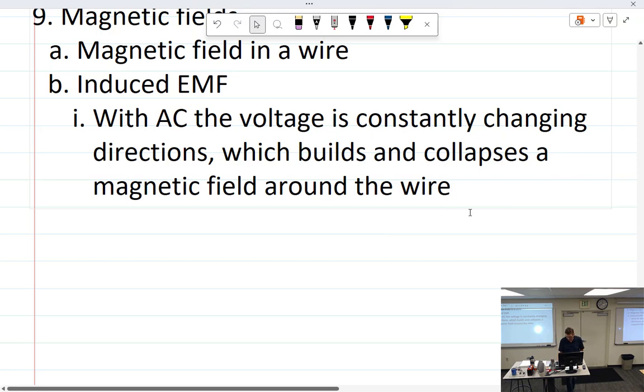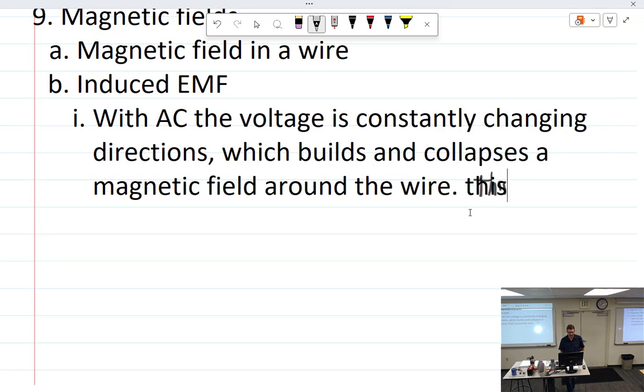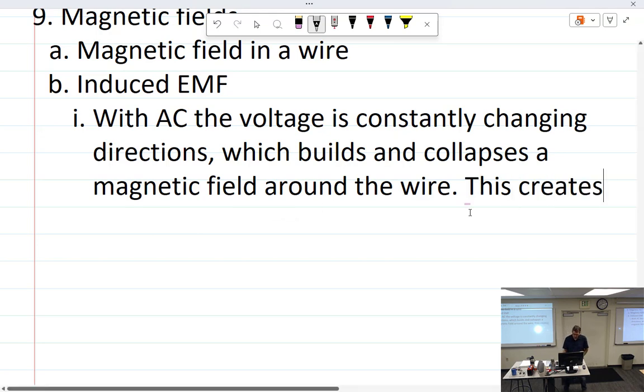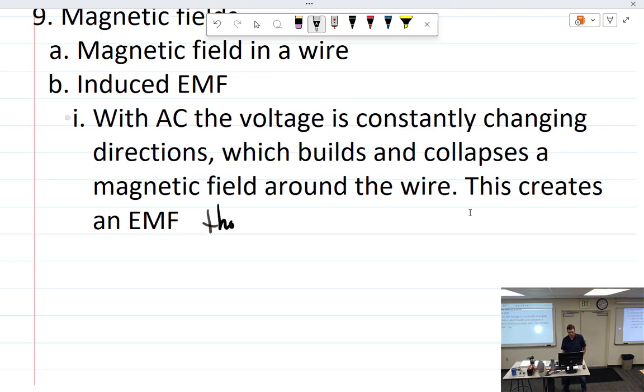Okay, important point. This creates an EMF, an electromotive force, that counters the flow of electrons.